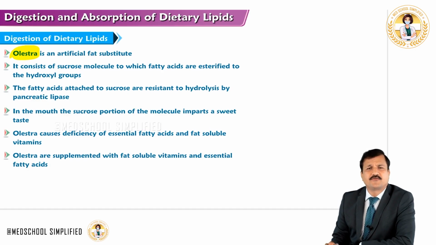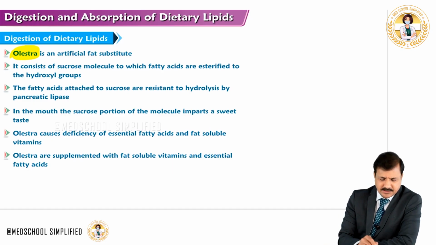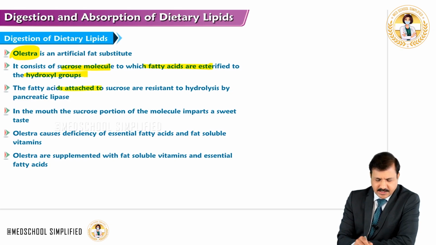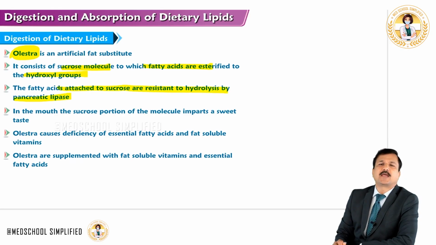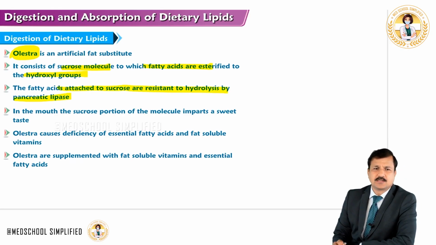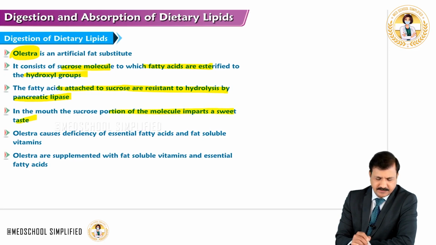Olestra is an artificial fat substitute. It consists of a sucrose molecule to which fatty acids are esterified at the hydroxyl groups, and the fatty acids attached to sucrose are resistant to hydrolysis by pancreatic lipase enzyme. In the mouth, the sucrose portion of the molecule imparts a sweet taste.